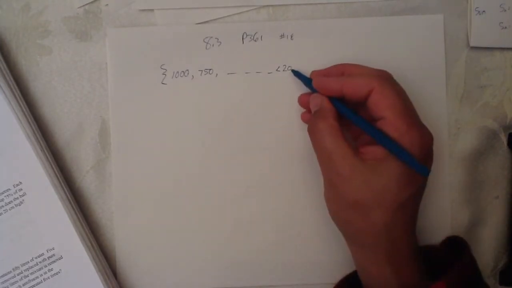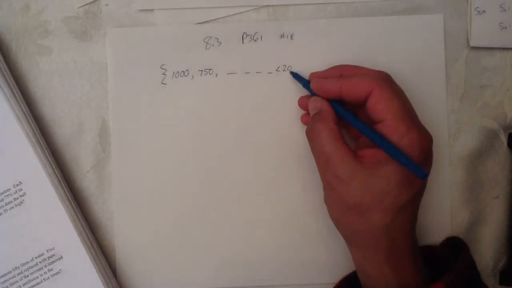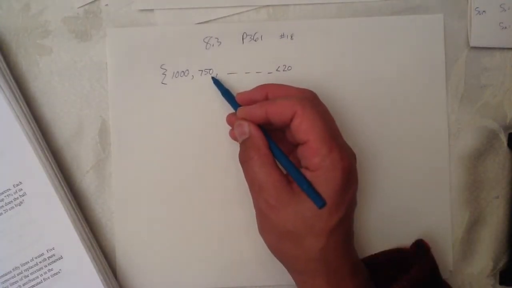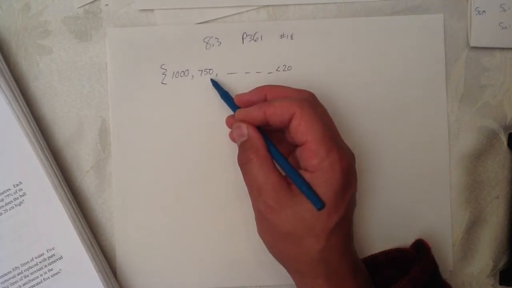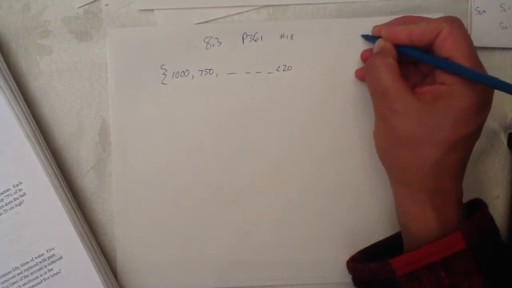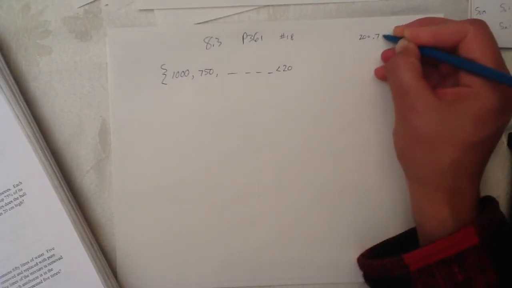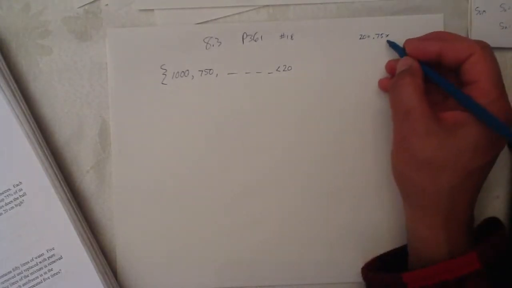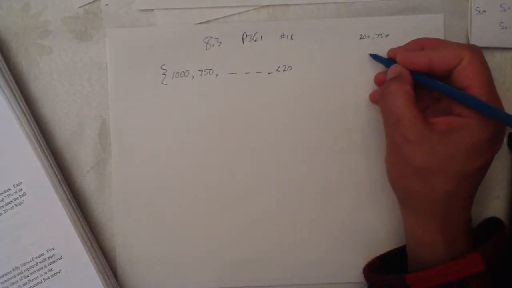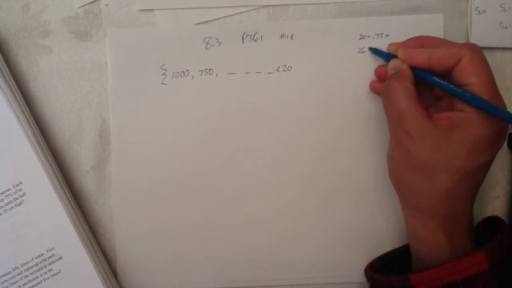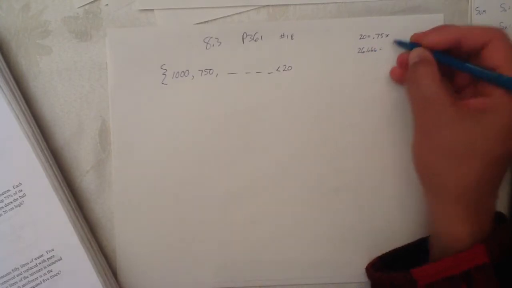Well, we can trial and error that. Let's just do this calculation here: 20 equals 0.75 of what? Well, we divide by 0.75 and we get 26.666.